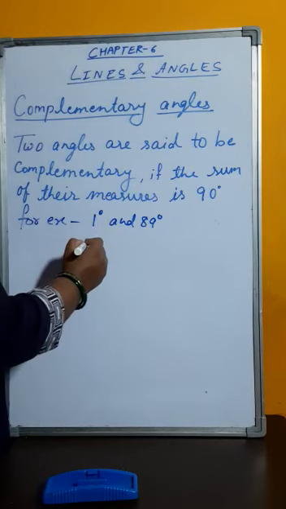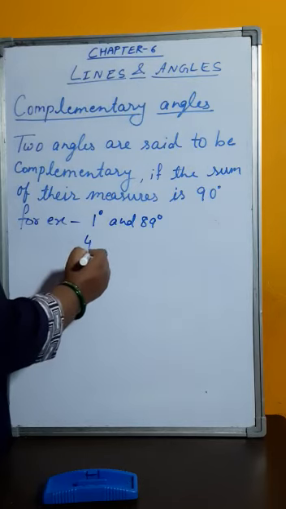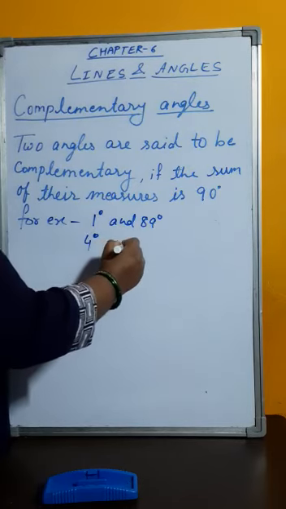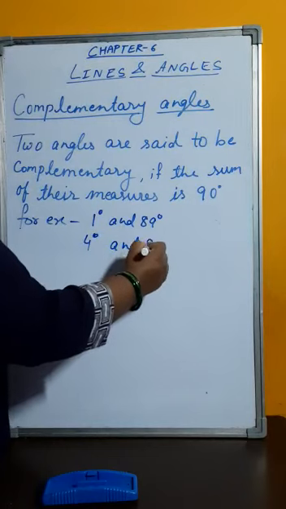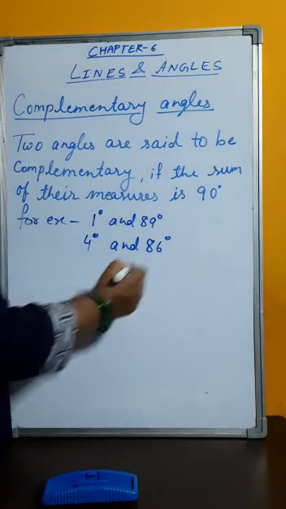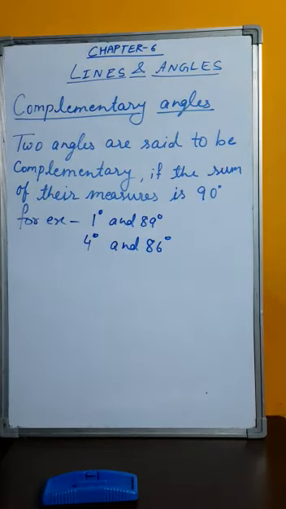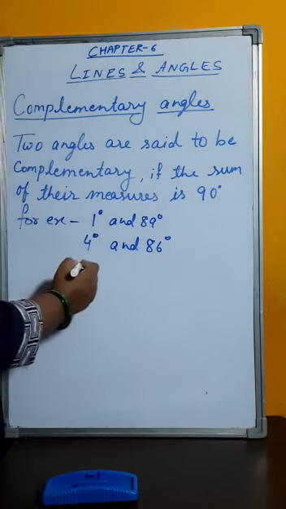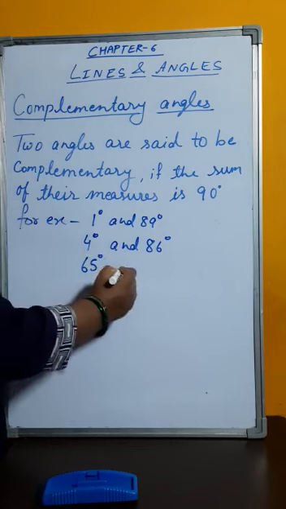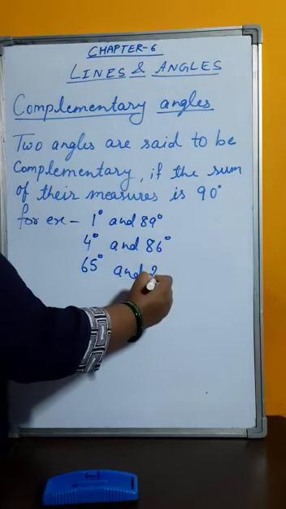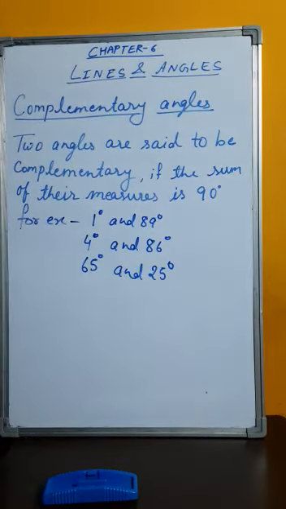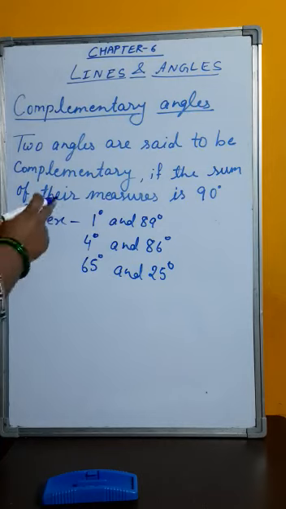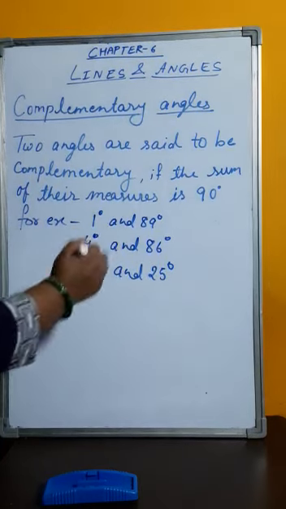Taking one more example, 4 degrees and 86 degrees, the sum is 90 degrees. In the same way, you can take some more examples. If I take 65 degrees and 25 degrees, the sum of these two is 90 degrees. So these are known as complementary angles.